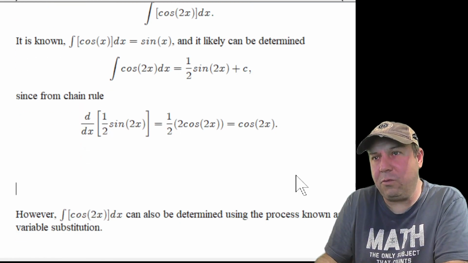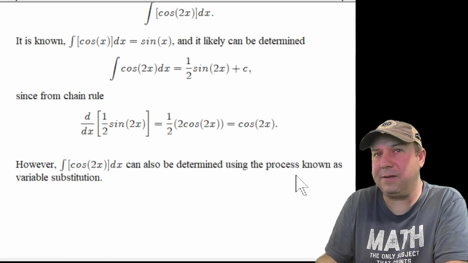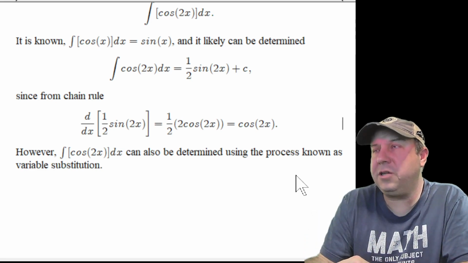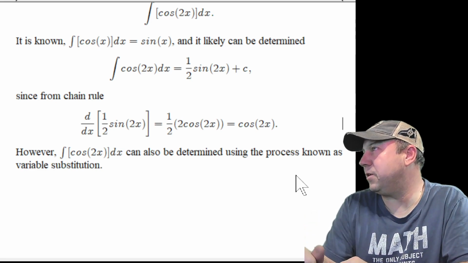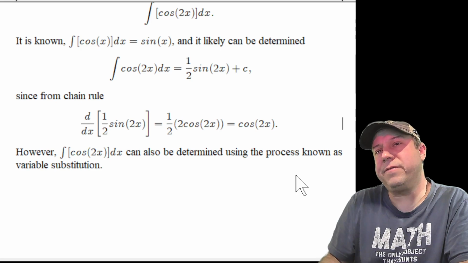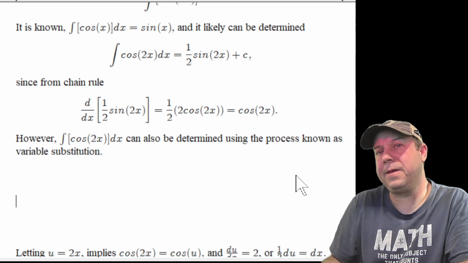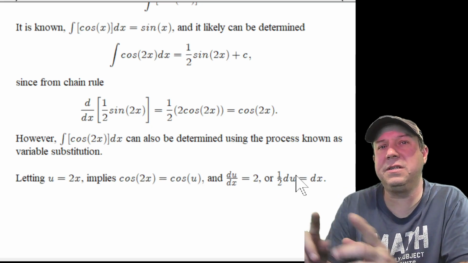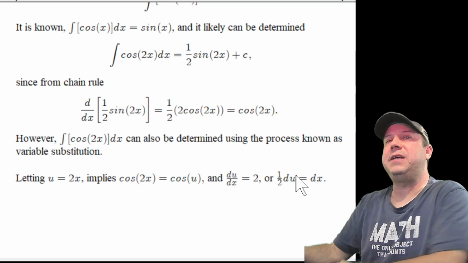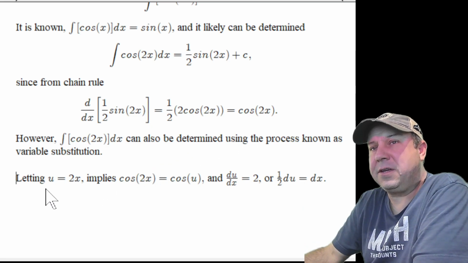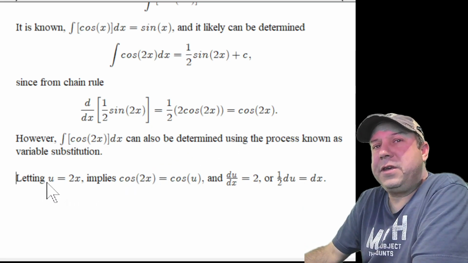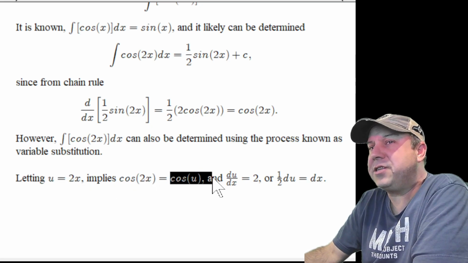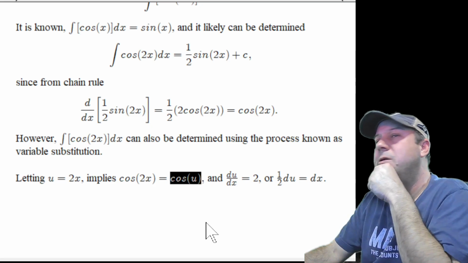However, if we didn't want to think too hard about it in terms of calculation, there is also a technique we could use known as variable substitution. In variable substitution, to work through this process, we would consider letting u replace the value of 2x in this calculation. If u equals 2x, that argument, the cosine of 2x, can actually be written as the cosine of u.